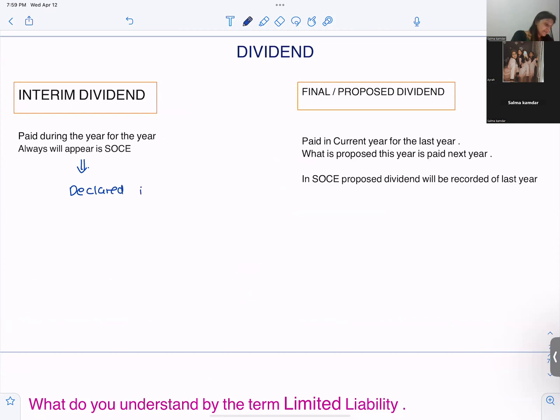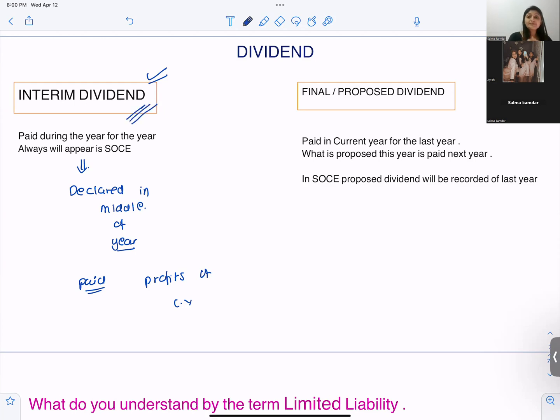It is only declared in the middle of the year because the shareholders are very restless and they want something out of the profits immediately. So when you declare the dividend in the middle of the year and you pay it during that year, out of the profits of the current year, that dividend is called interim dividend. So interim dividend is something that you declare in the current year and pay in the current year, out of the profits of the current year.